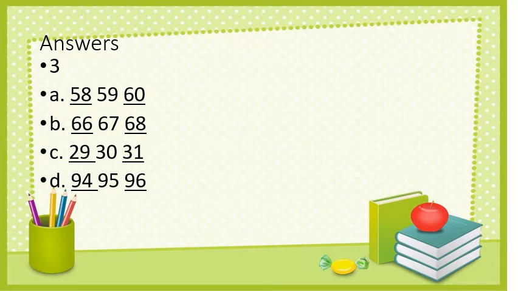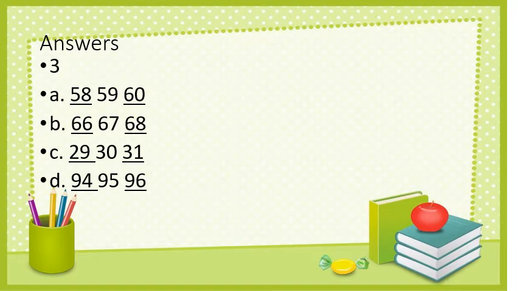And what comes after 59? 60. Now look at the next part children, B. Here the number is 67. Now children, what comes before 67? That is 66. And what comes after 67? 68.